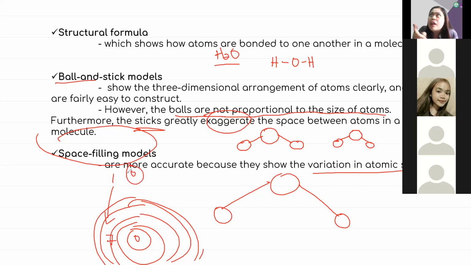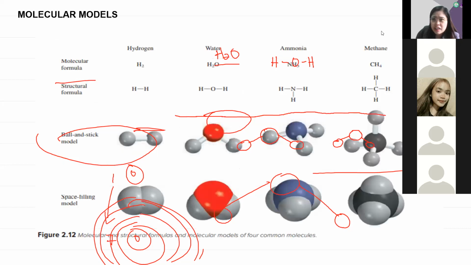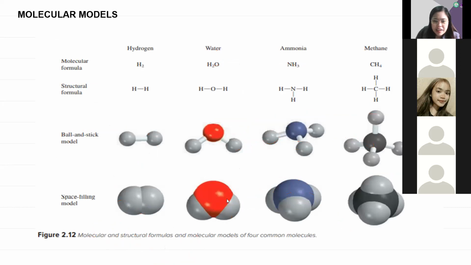And if we represent the model for our chemical substance, kailangan kasi natin mapakita na the size of the oxygen is different to the size of our hydrogen. So, kagaya nito, makikita natin ang difference. Syempre for hydrogen, since the same atom yan sila, the same ang size.